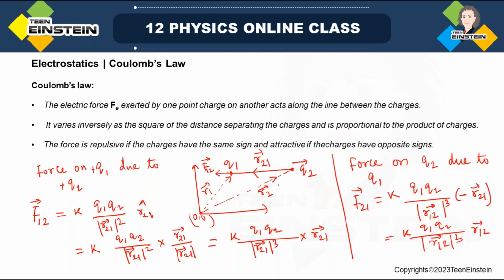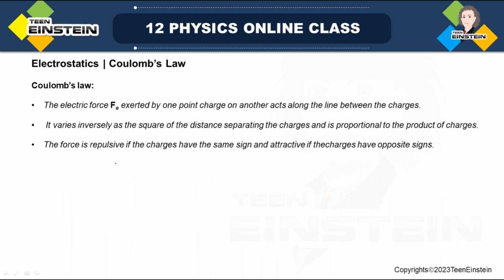Now, the Coulomb force, I'm taking the magnitude, Q1, Q2 by R square. Okay, so in this case, what is this K? Actually, K is equal to 1 by 4 pi epsilon naught, where this is free space permittivity.